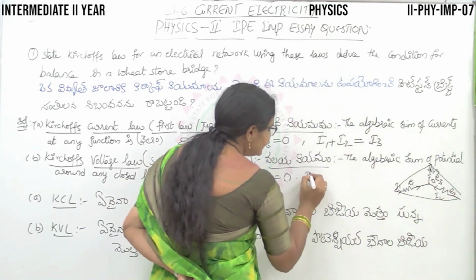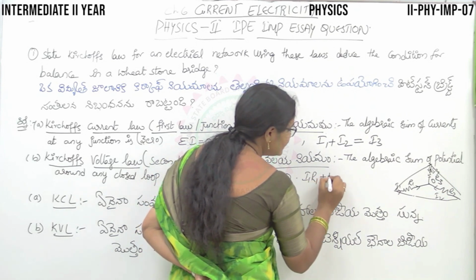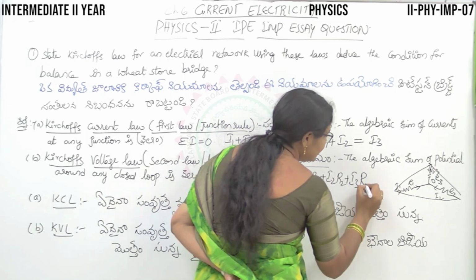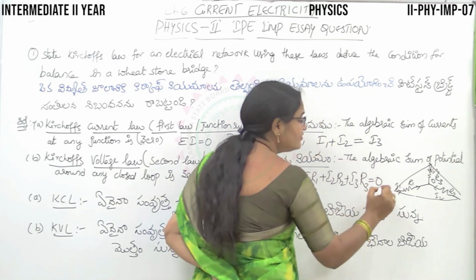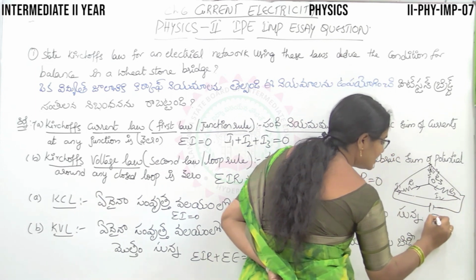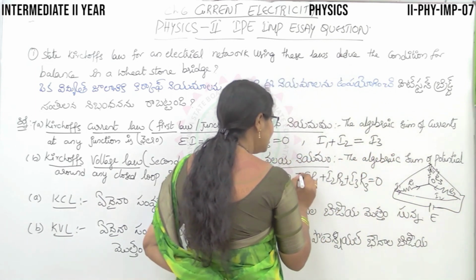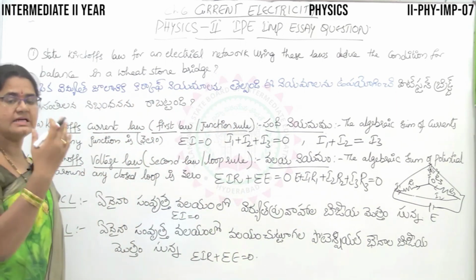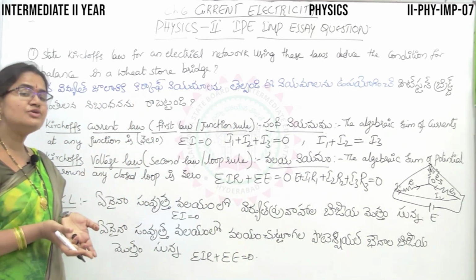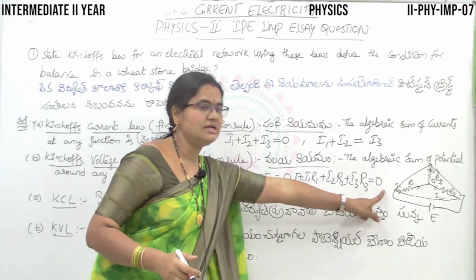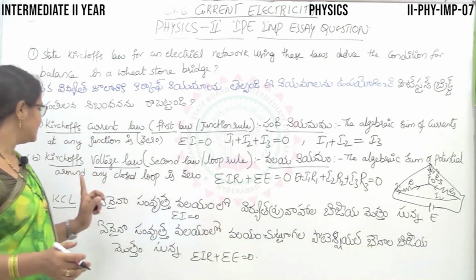Then I1 R1 plus I2 R2 plus I3 R3 is... If this is connected to some external supply, even it will have its own potential, right? EMF. So even that will be added, plus E. So the algebraic sum of all the potentials enclosed within a loop is equal to 0. This is the meaning of this statement.